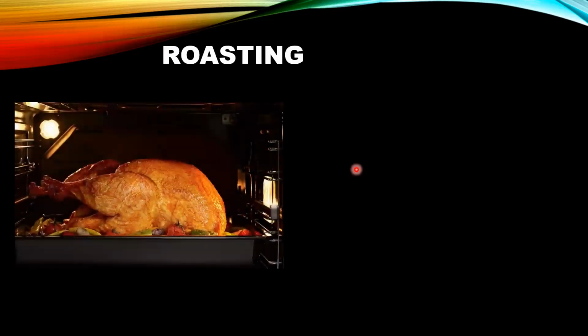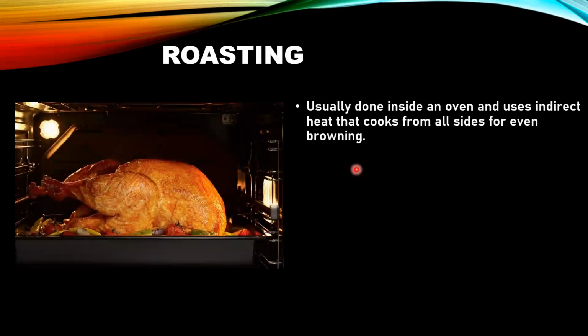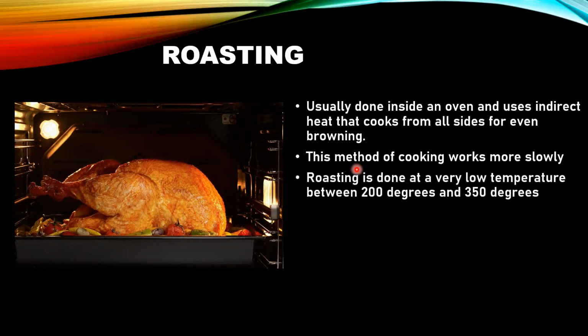The next one is roasting. Usually, roasting is done in an oven and uses indirect heat that cooks from all sides for even browning. This method of cooking works more slowly, and roasting is done at a low temperature, between 200 degrees to 350 degrees.